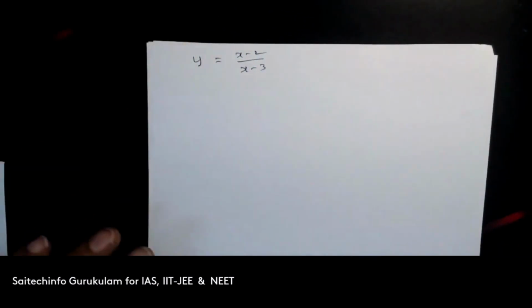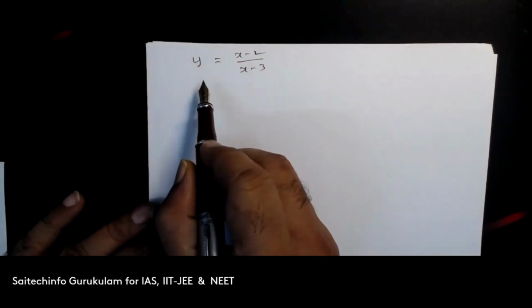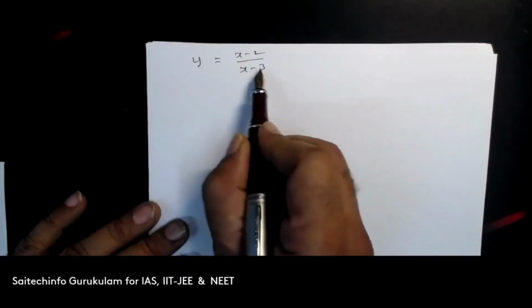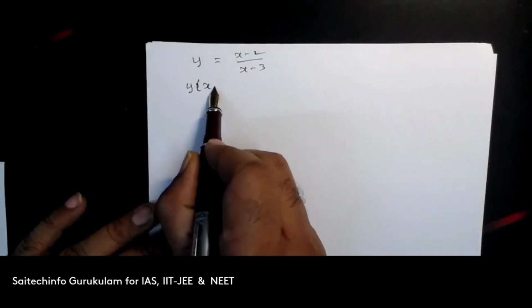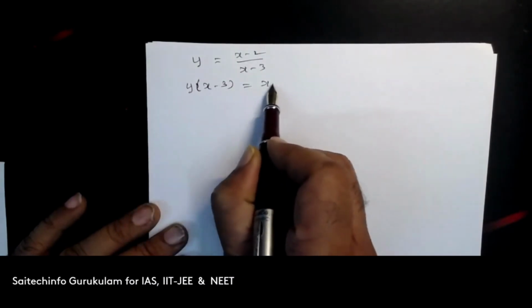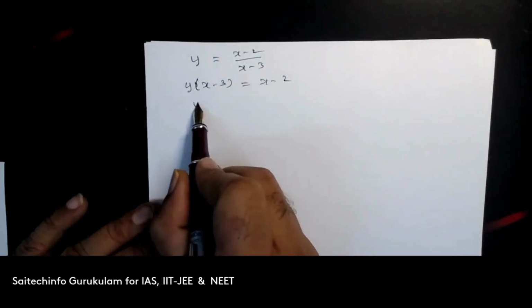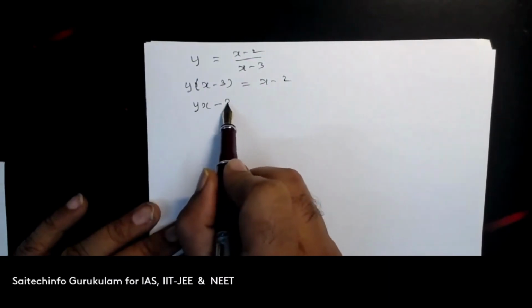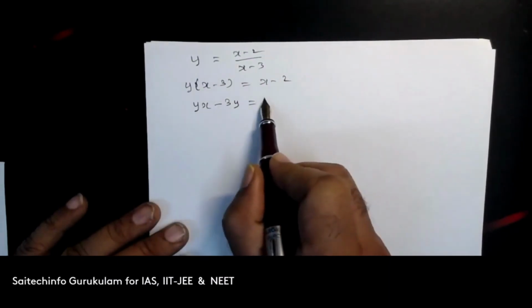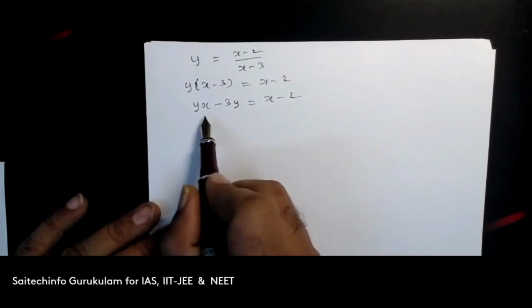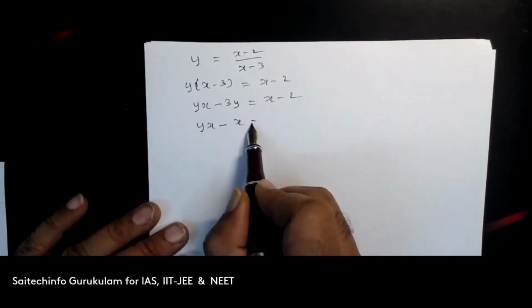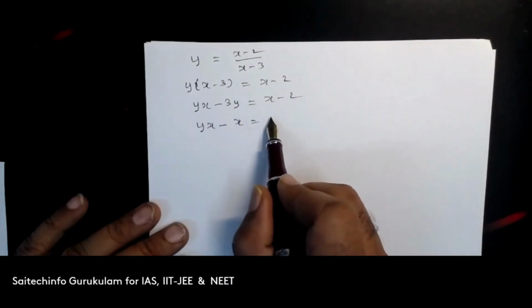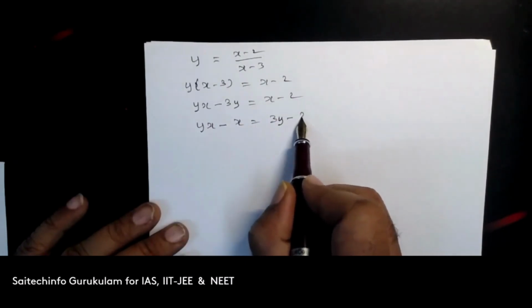Okay, follow it carefully. Now this we can multiply here. So y into x minus 3 is equal to x minus 2. So yx minus 3y is equal to x minus 2. You can bring this x here, so yx minus x, and bring this 3y here, so plus 3y minus 2.